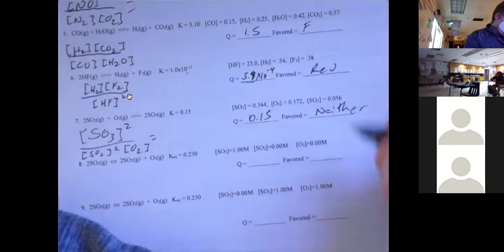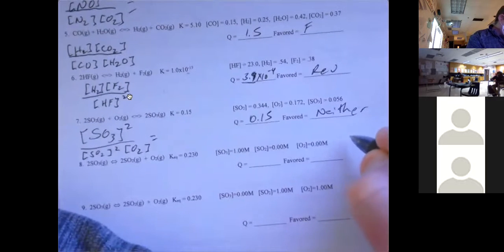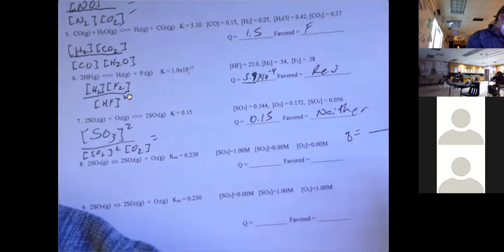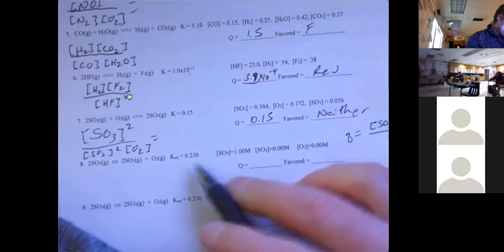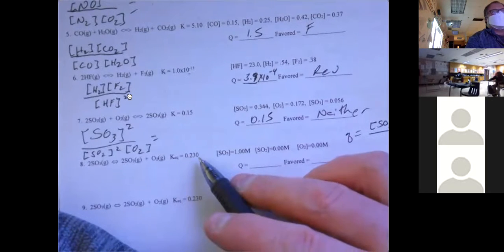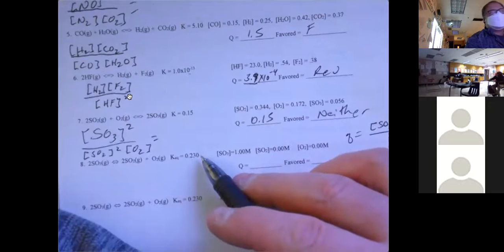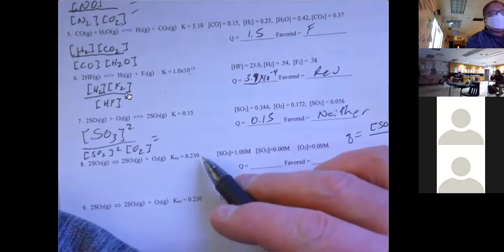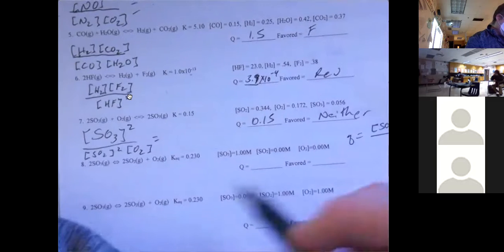So we have 0 for the products and 1 for the reactant. Which way is this equation going to go if we have 0 for the products? If the equilibrium constant is 0.230, that means we have 0.230 products to 1 reactant.